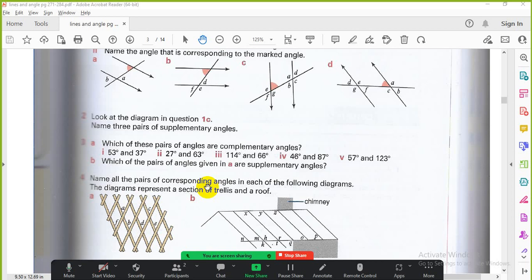Roman number 5, number 5 is supplementary. Right. Are you clear?